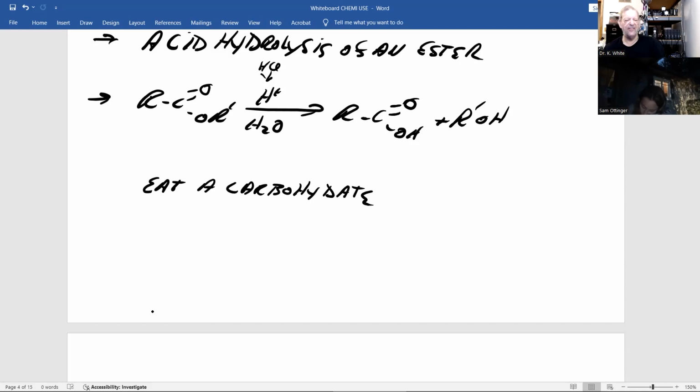An example of that would be if you had a piece of bread, some rice, or sugar even, such as table sugar. What's holding glucose together in starches or carbohydrates? That's the acetal linkage. Since it's in your stomach, it's acid hydrolysis of an acetal.